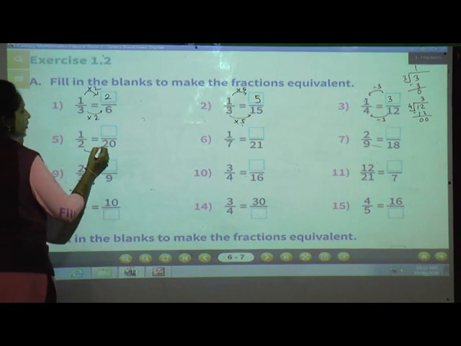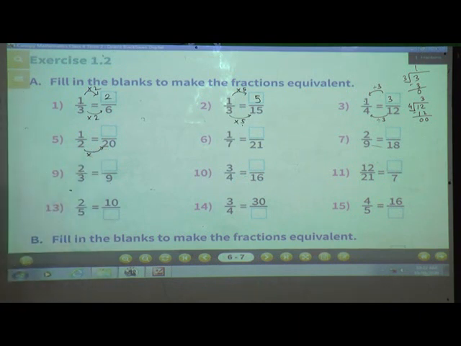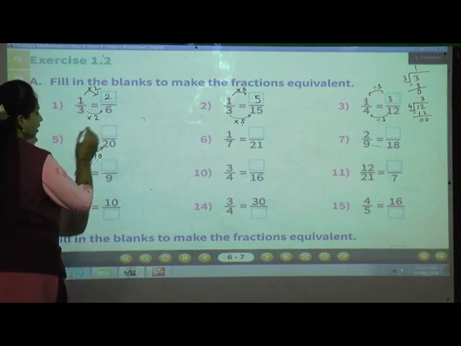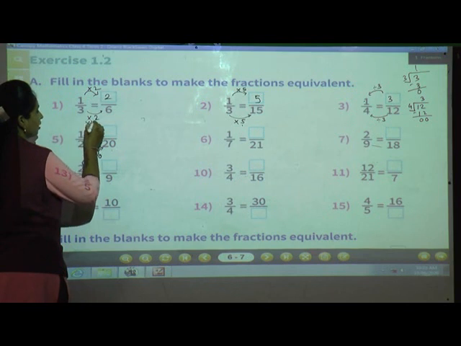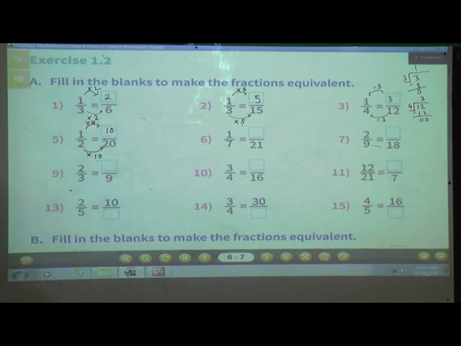Now see, I'll go with multiplication by 2. Which number can we multiply to get 20? 10. 2 10s are 20. So here the same 10. 1 10s are 10. Clear? Yes. Now see the ninth one.